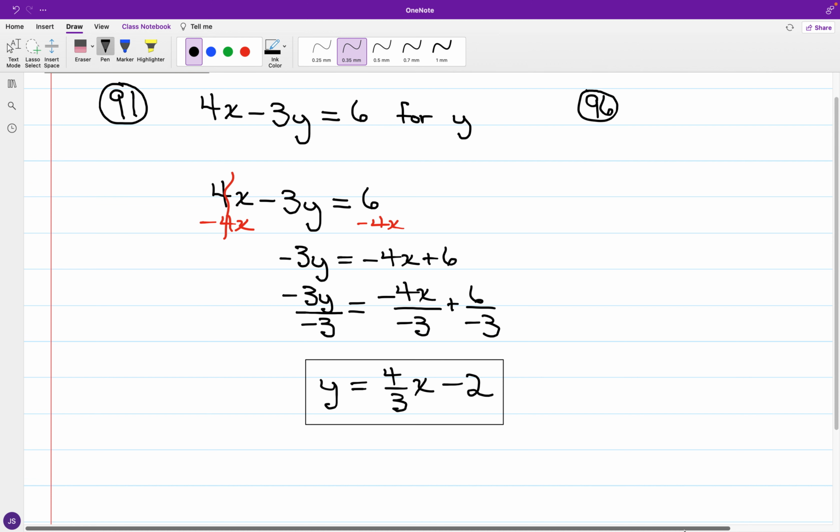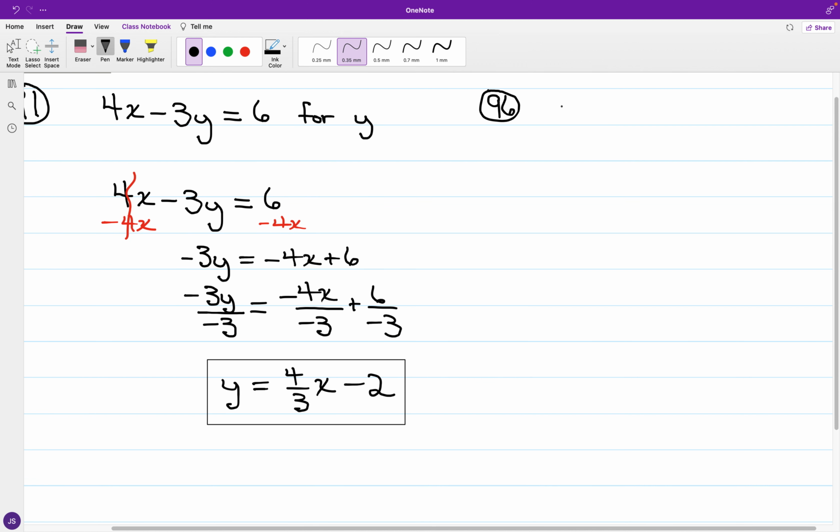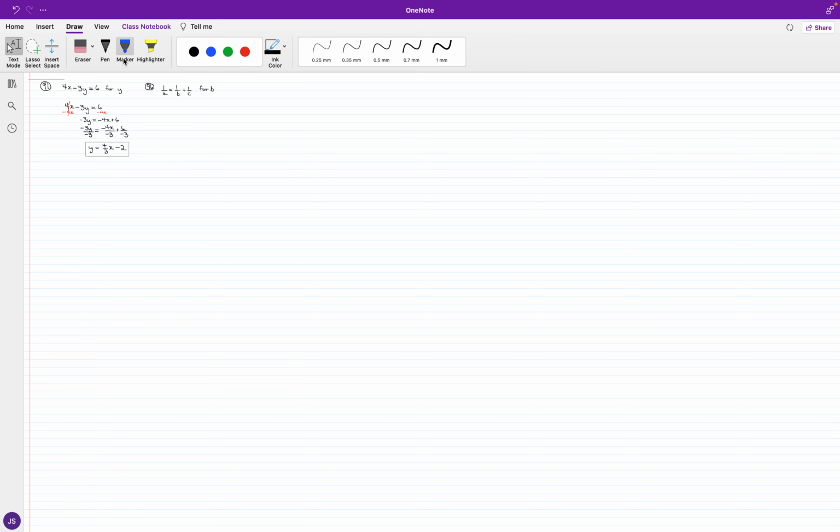On the left, we have the reciprocal of a is equal to 1 over b plus 1 over c, and we're looking at expressing directly in terms of b. So you have fractions throughout, where we have the reciprocals of a, b, and c.